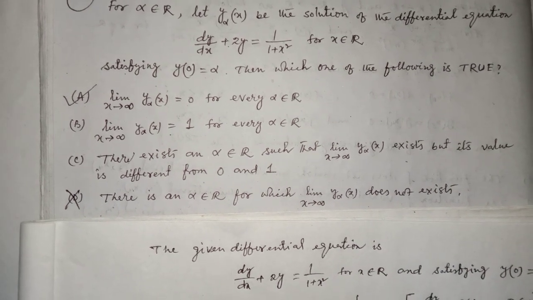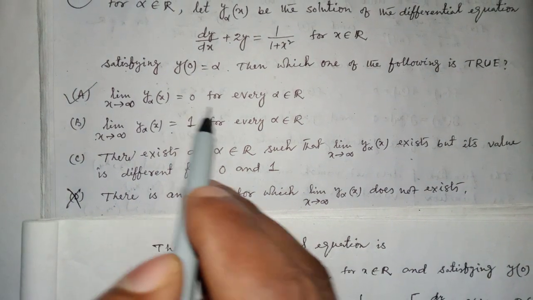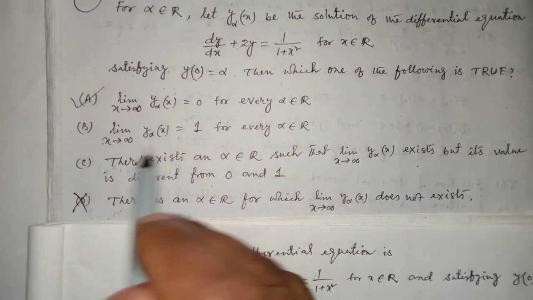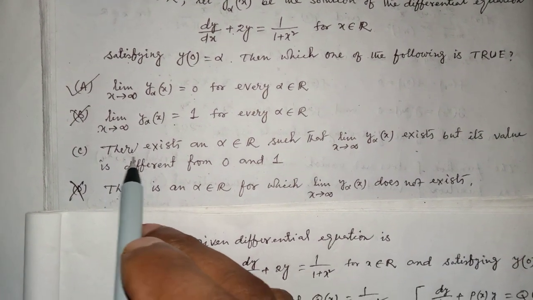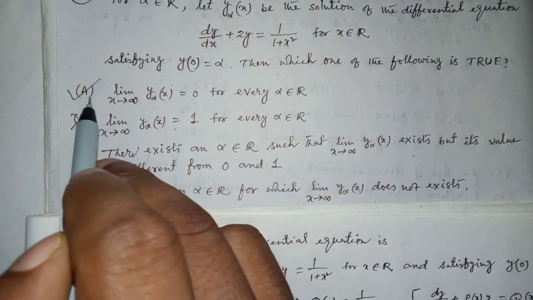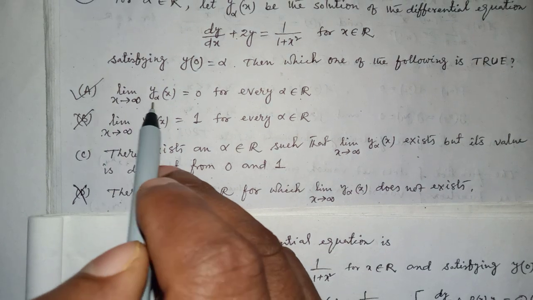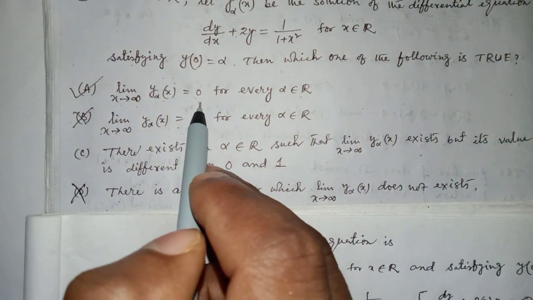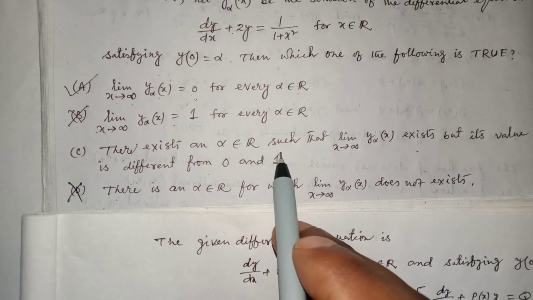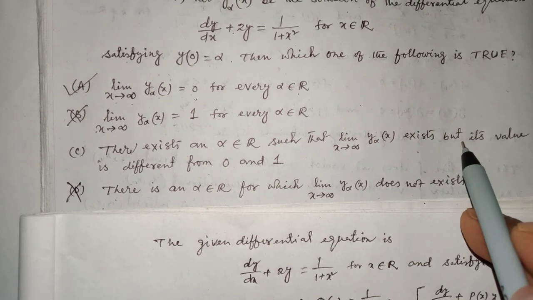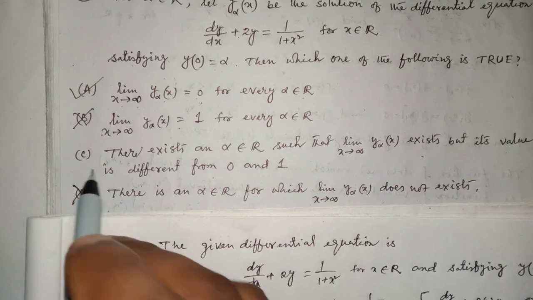And since for every alpha the limit is 0, there does not exist an alpha belongs to R such that this limit exists and its value is different from 0 and 1, so option C is also false.